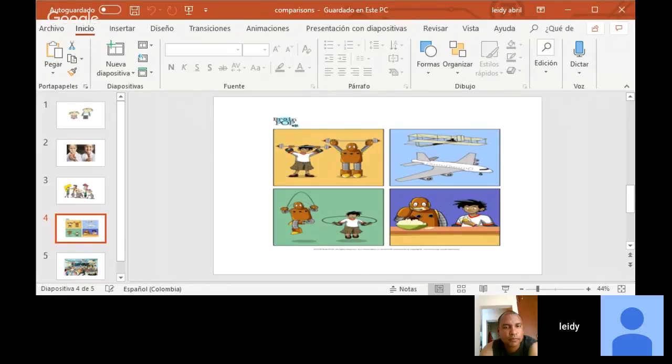The airplane is larger than the plane. Yes. The robot is happier than the boy.